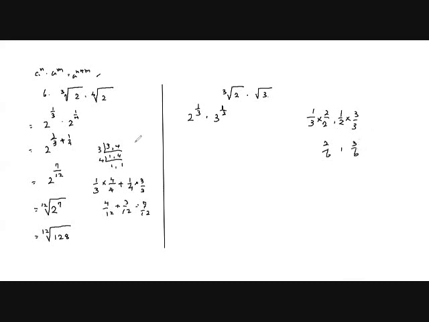Now you move back to the question and replace this one. So we write that it becomes 2 power 2 over 6 times 3 power 3 over 6. Okay, and write in the root form, so it becomes 6th root of 2 power 2, times 6th root of 3 power 3. Now you observe it's the same root now, right? This one, what formula do we use?